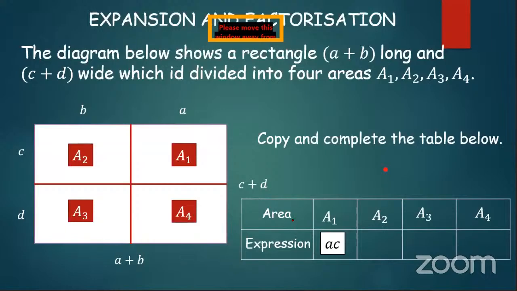We have area 1, area 2, area 3, area 4, and then the expression. Area 1, which is here, we get A, which is the length, times the width, which is C, and that gives us A times C. So can you now find area 2, area 3, and area 4?